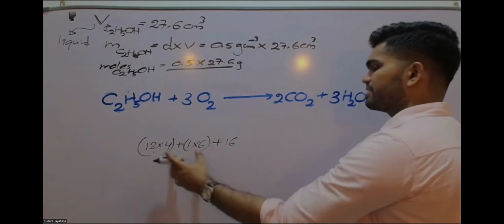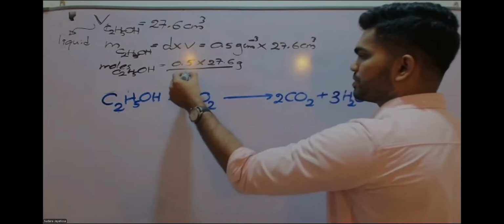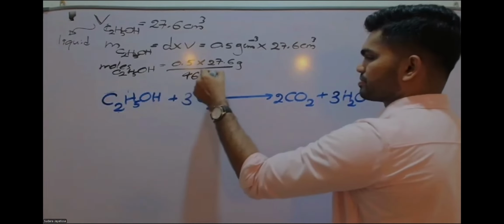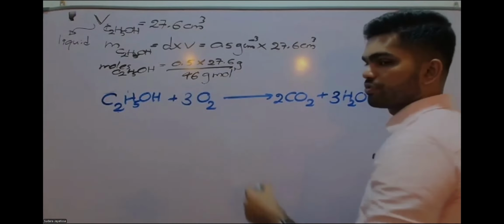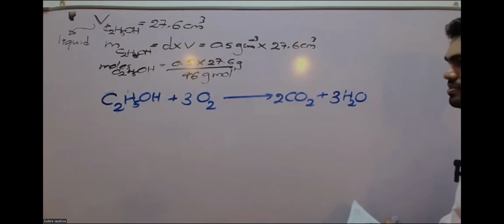So 24 plus 16 is 40, 46. So you have 46 grams per mole. We have to divide by this to get the answer.